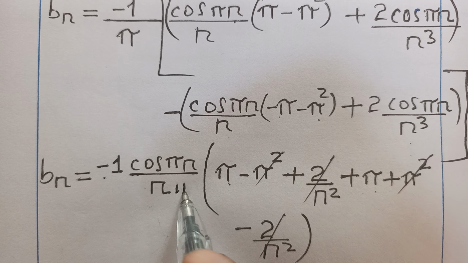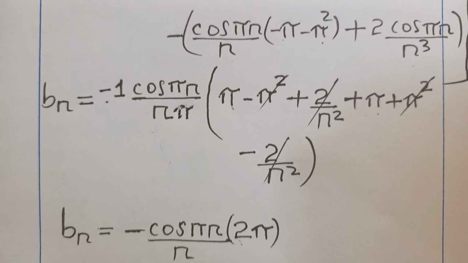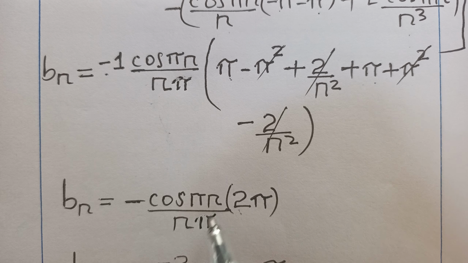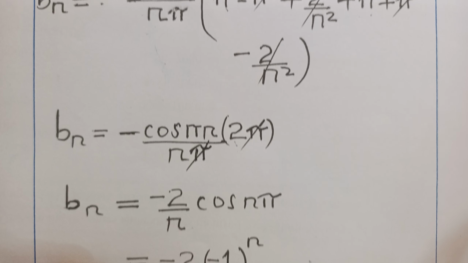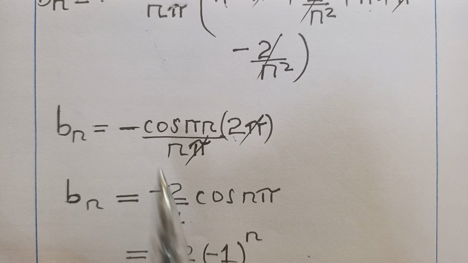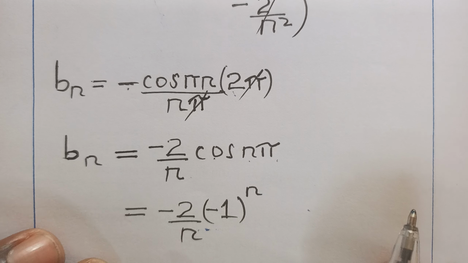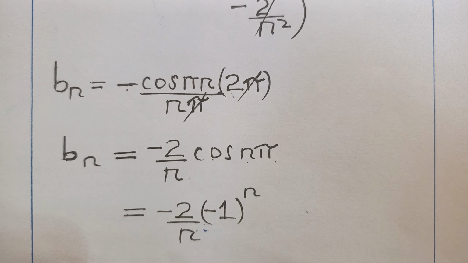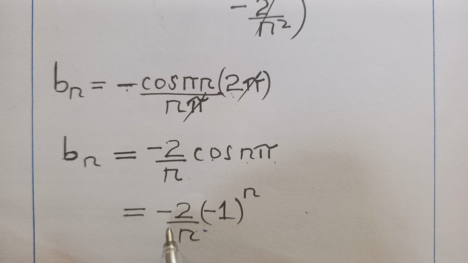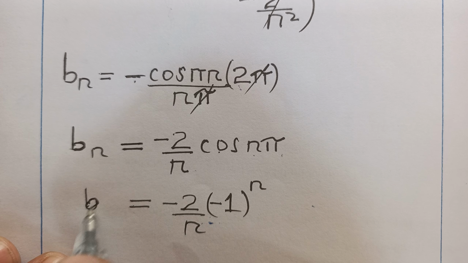We have pi, and therefore we shall have even pi at this point. And so this is the pi that is going to cancel. And now we are left with negative 2 over n, which is this negative, and 2 cos n pi. Guys, now here cos n pi can be represented by negative 1 raised to n. And this is now negative 2 all over n, negative 1 raised to n, and that is our Bn.